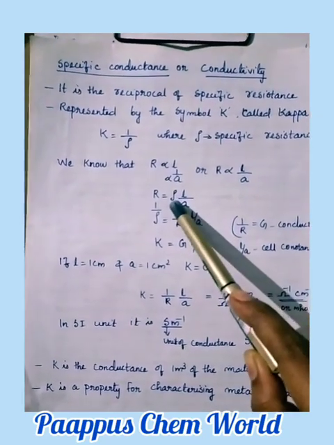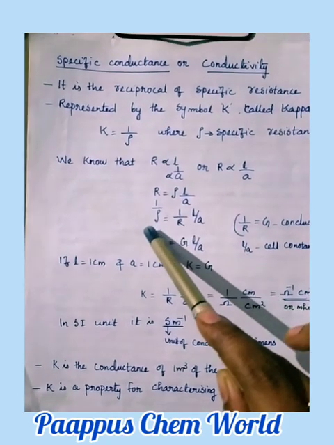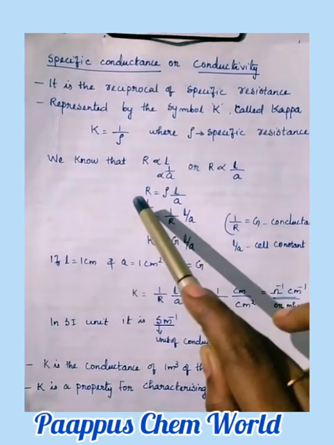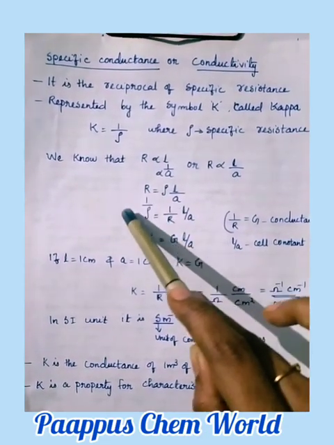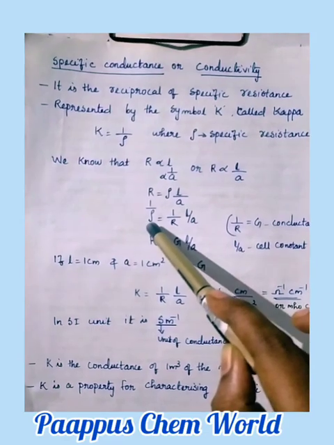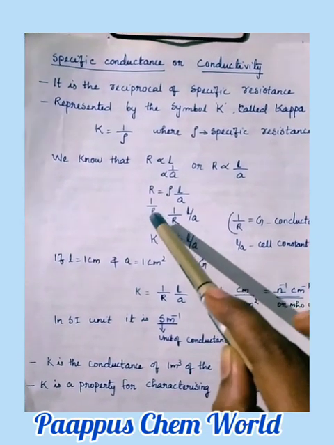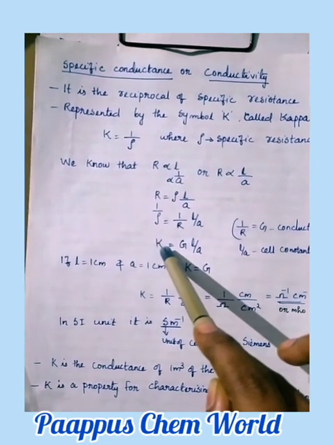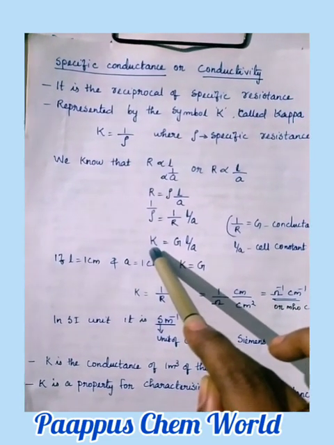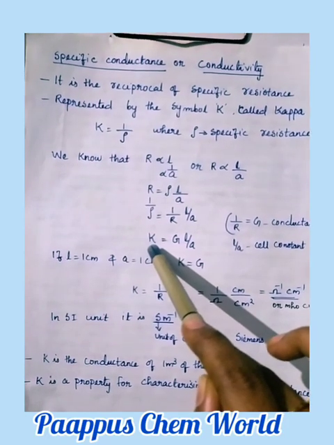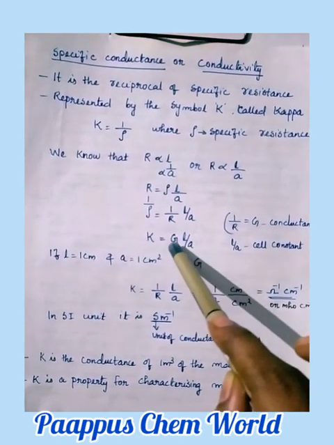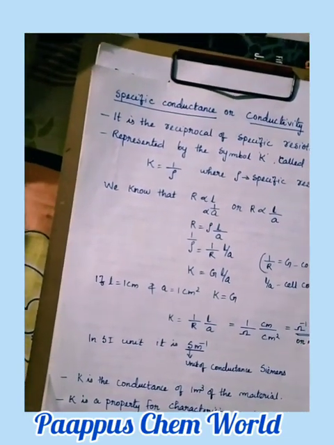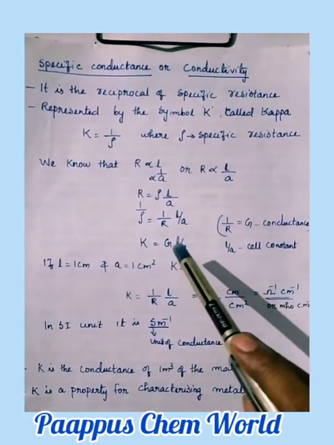On rearranging this equation, we get 1 by rho is equal to 1 by R into L by A. Here 1 by rho is the reciprocal of the specific resistance. This is known as specific conductance or simply conductivity, kappa. Conductivity is represented by the symbol K, known as kappa, which is equal to G into L by A. We already discussed that the reciprocal of resistance is conductance.